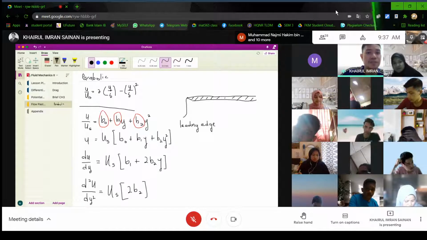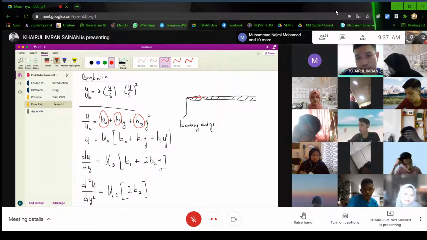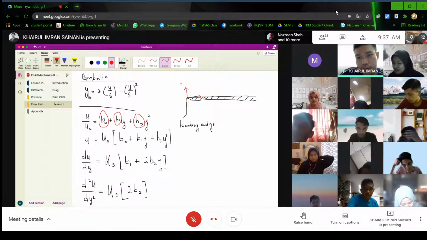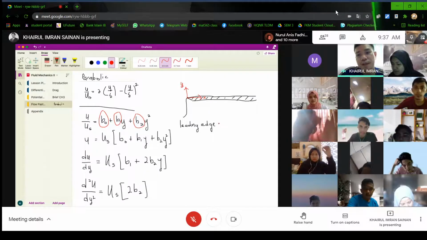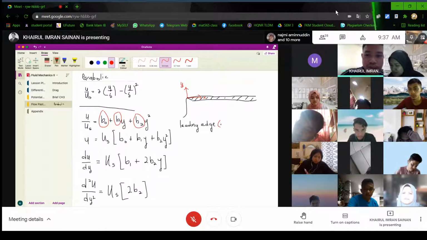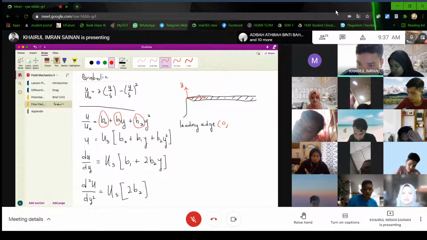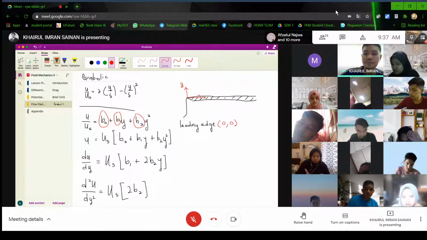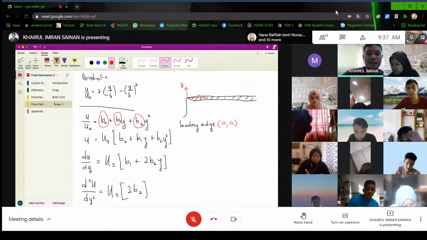So leading edge is where the axis is positioned. So this is x direction and this one is y direction. So at leading edge, what is the position for x and y? It's going to be 0 x and 0 y. Origin of the axis.